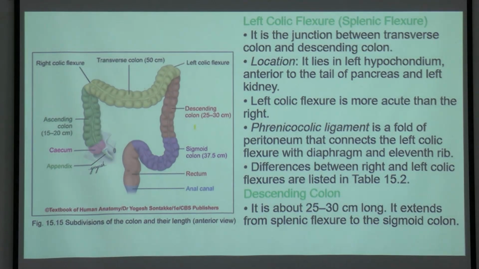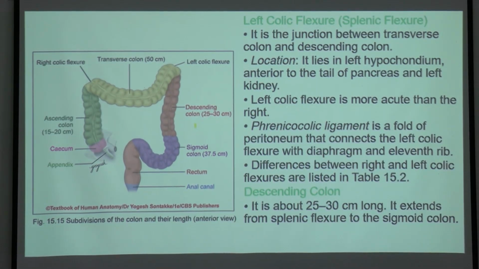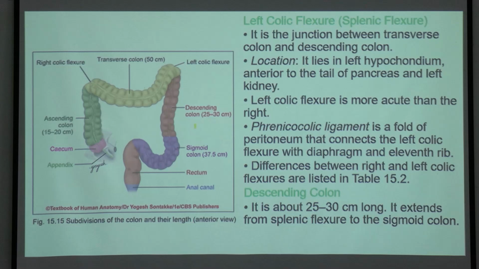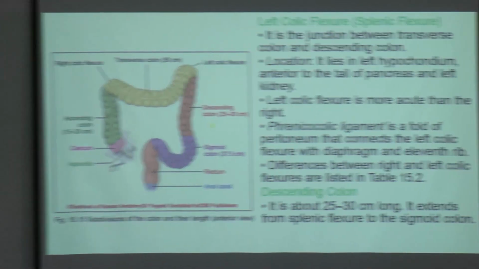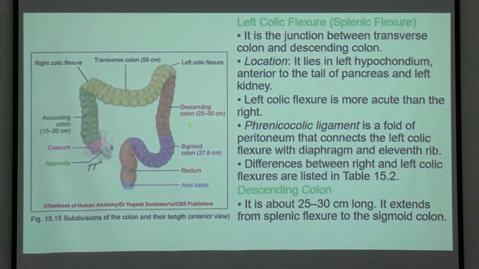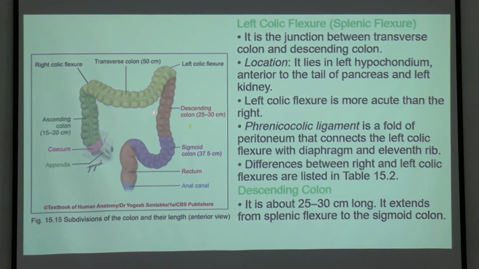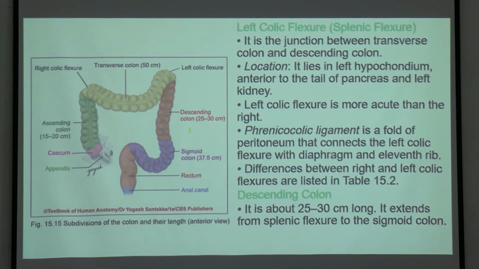I have told you that the ascending colon and descending colon are fixed to the posterior abdominal wall. You cannot move them. But along the right side or left side of the ascending colon, or right side or left side of the descending colon, you can get some area, a peritoneal pocket.